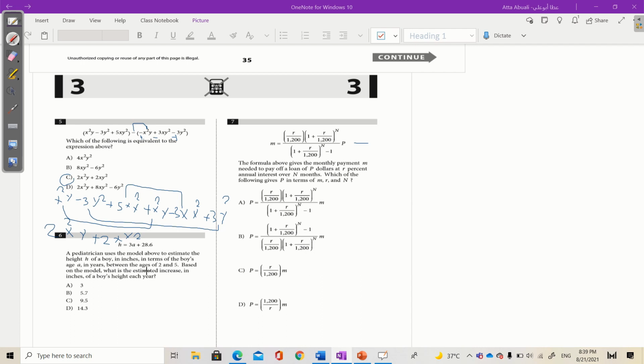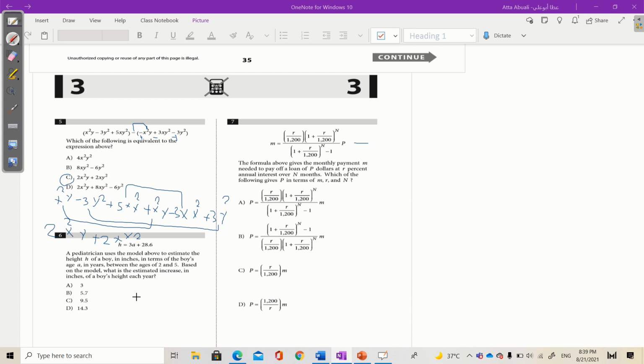Between the ages of 2 to 5, based on the model, what is the estimated increase in inches of a boy's height each year? So I know I can estimate here. If you start from 1 or from 2, it will be the same because it's fixed here.